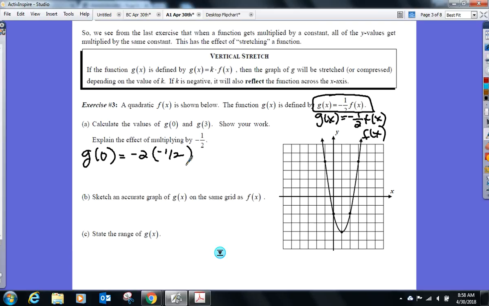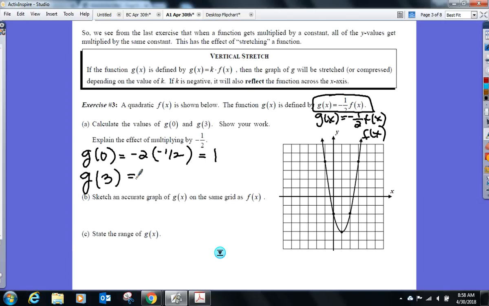So g of 0 would be positive 1. Can you guys do the same thing without my help now for g of 3? g of 3, remember, this is the f of x graph.